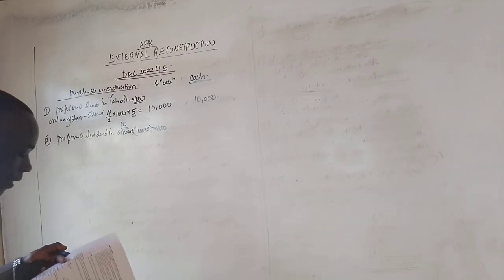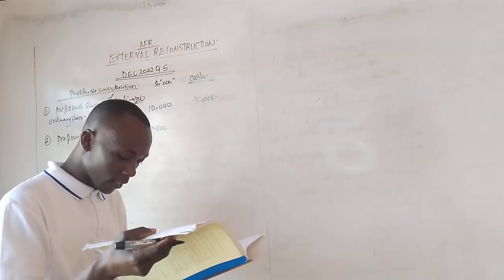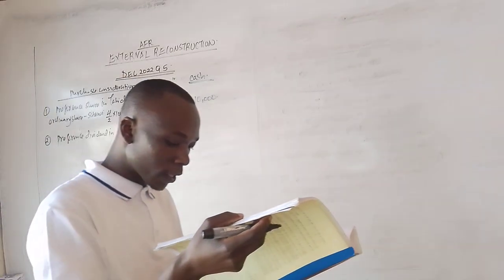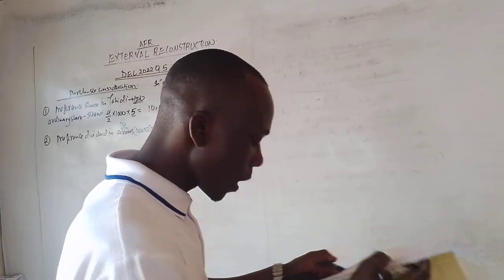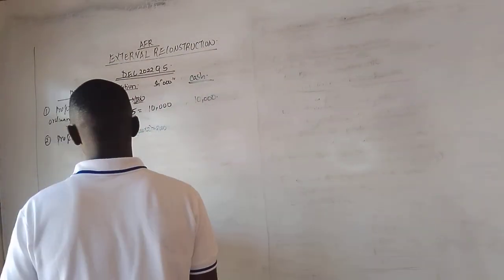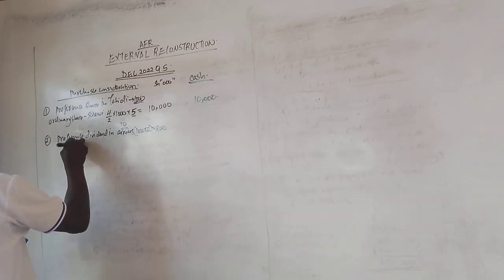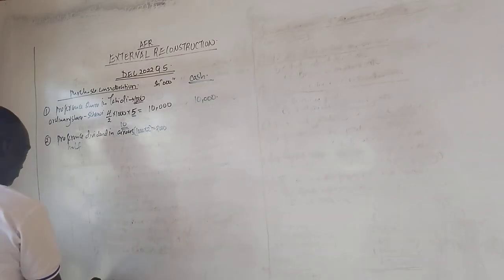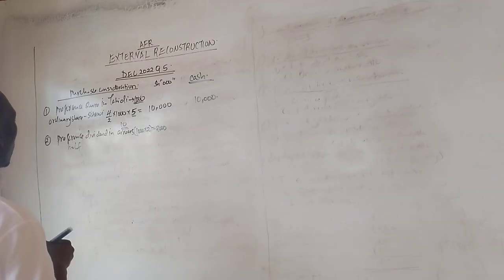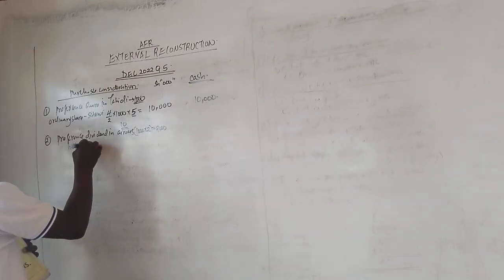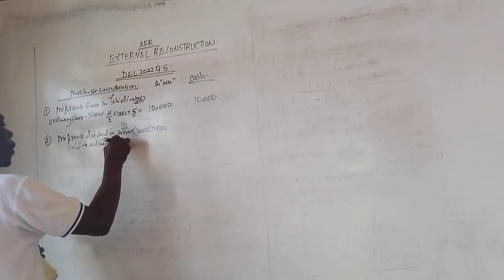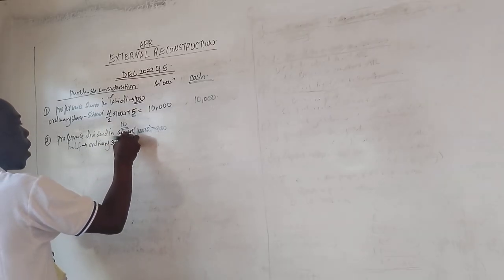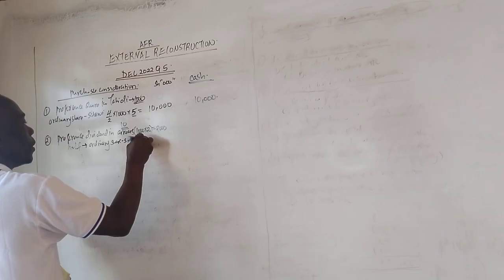Then, other than that, the examiner continued to tell us that half of the preference dividend in arrears were settled by issue of fully paid ordinary shares. So half of the preference were given ordinary shares in Stawi Limited.